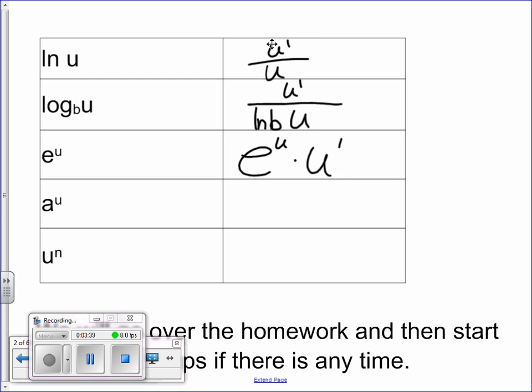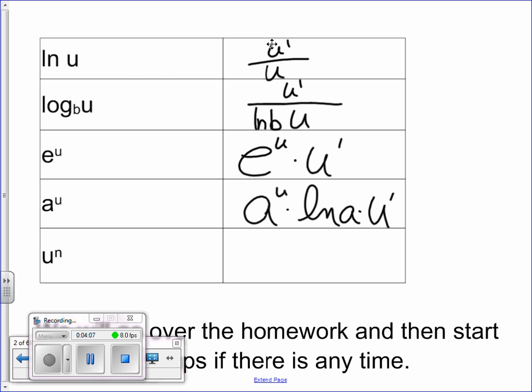We have to remember another piece in here. All right, Jeff. Correct. And we said that this works for both of these, because if it is e to the u, what's the ln of e? 1. So you have this one.